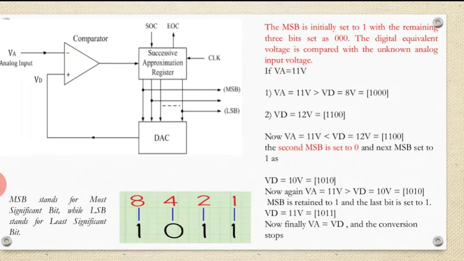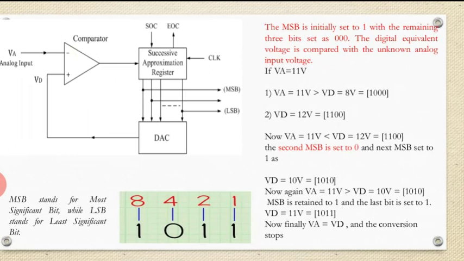VD is the digital to analog converted value. How much was it earlier? Digital 1000, that is 8 volt. I hope it is clear, right? So now VA, 11 volt, is greater than VD, because VD is 8 volt.